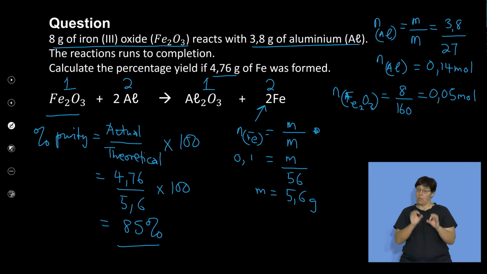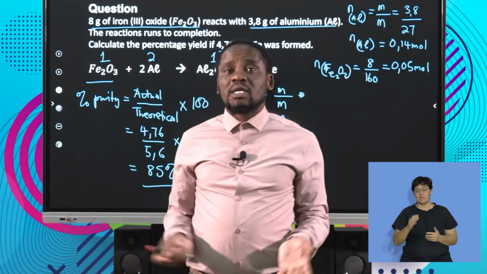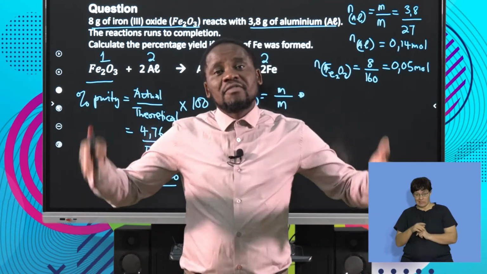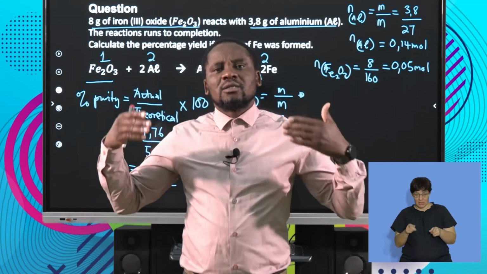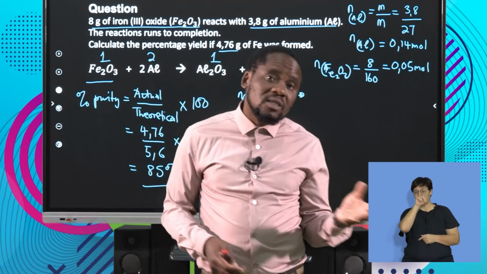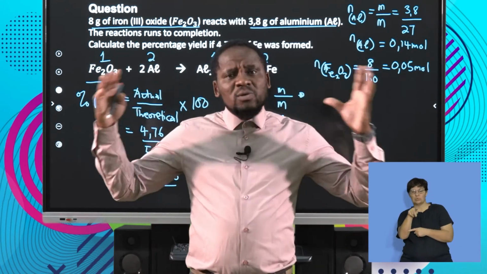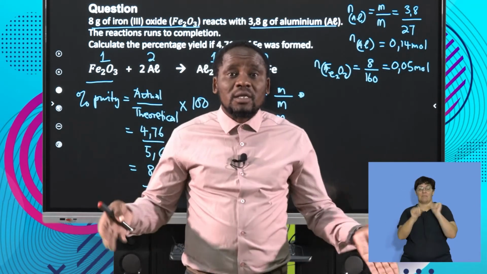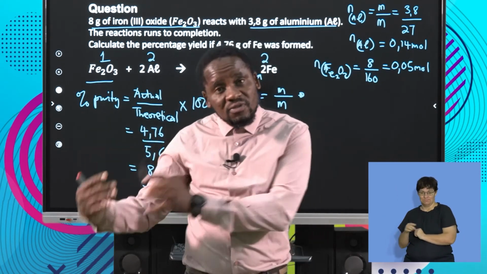So the long and short of it is that as far as stoichiometric problems are concerned, let's pay attention to the fact that if the equation is balanced, it tells us the stoichiometric ratio in which these substances react with each other, right? And then the whole stoichiometry comes in because this is a chemical change or a chemical reaction wherein new substances are formed. And the mole concept, how does it fit into this?